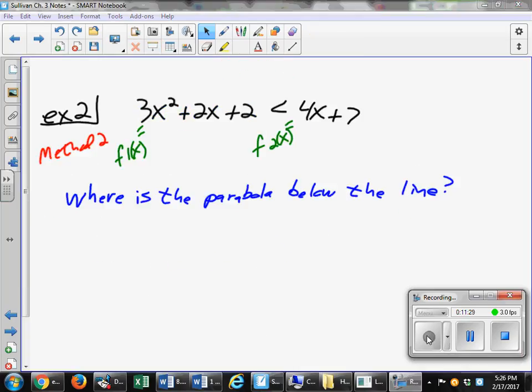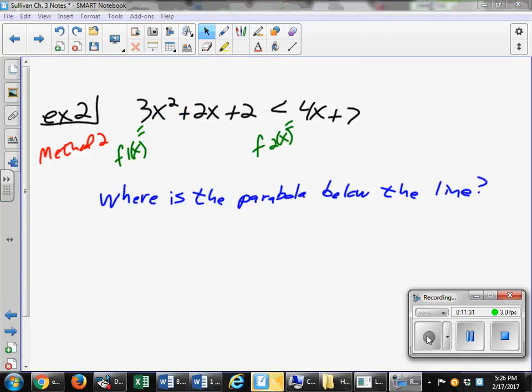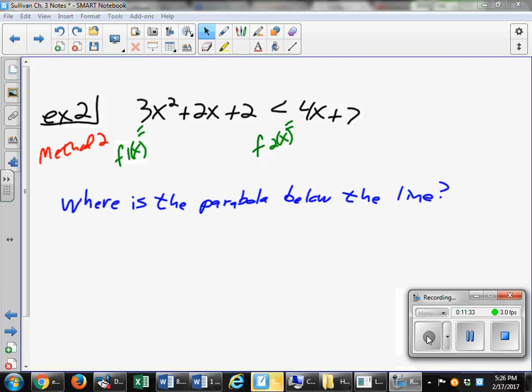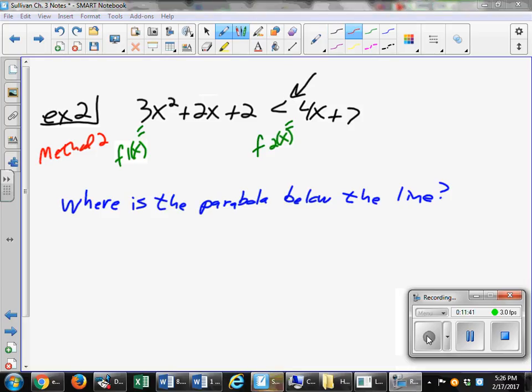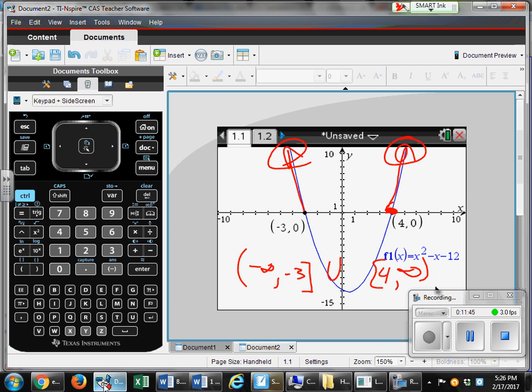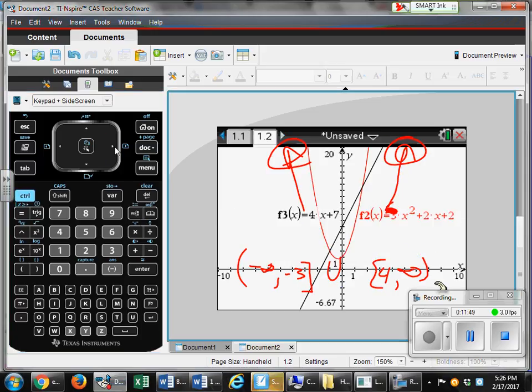If you do want to check that, you can go to the graphing calculator, and the question is basically, where is this parabola going to be below that line? So I went to the graphing calculator and graphed that for you as well.